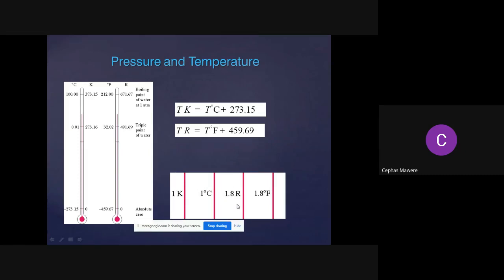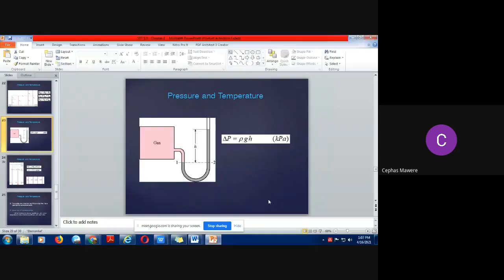And that temperature difference in Rankines is 3 times 1.8 to have your value in Rankines. And that temperature difference in Fahrenheit is also 3 times 1.8 Fahrenheit.